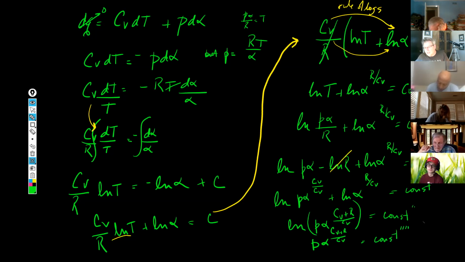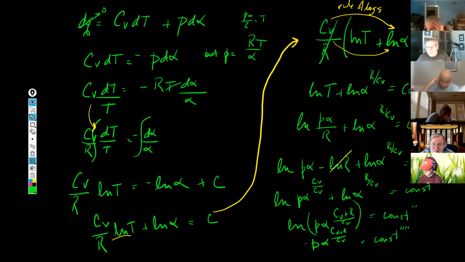What am I on, 4? I don't know where I'm at. You were at 2. And so now you substitute for R, and you get CP over CV. Right, so in here, CV plus R is CP.